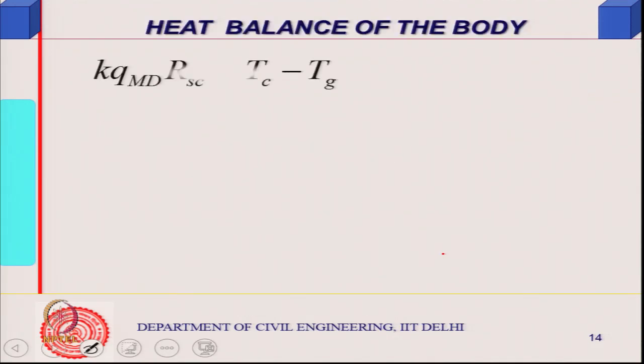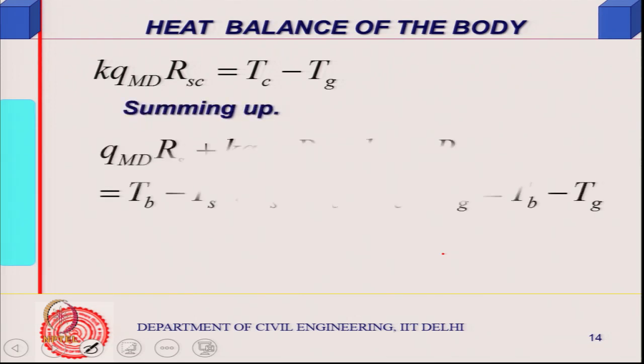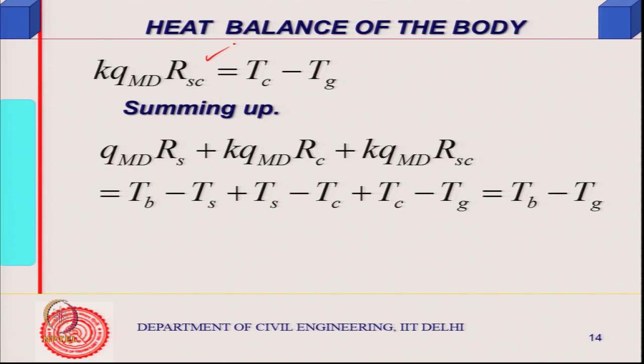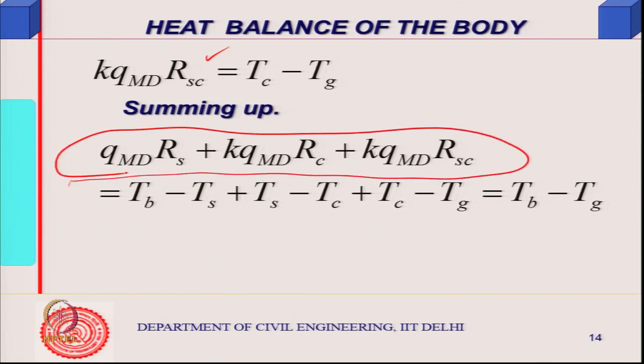So, KMD is equal to Tc minus Tg, and summing up the resistance and all that, again this is the same sum total of all the fluxes multiplied by the resistance is body temperature minus Tg. So, it is layers in series, that model we are applying.